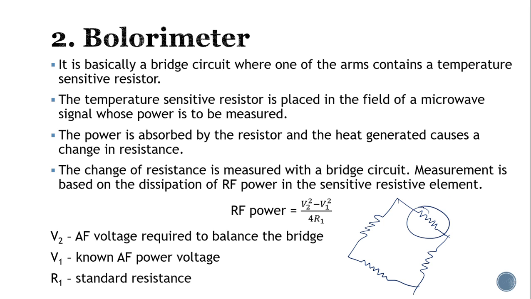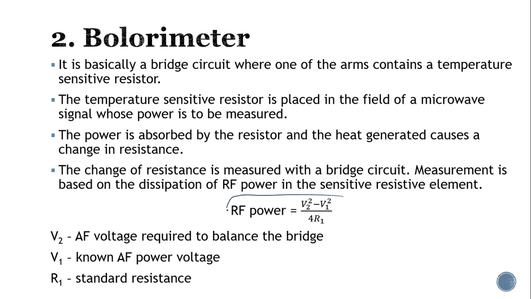Again, when the signal is passing through this resistor, the temperature changes, and since it is a temperature sensitive resistor, the resistance of this element is going to change. This change in resistance is measured, and correspondingly you can find out the power absorbed by the particular element, or the power flowing through the particular circuit.